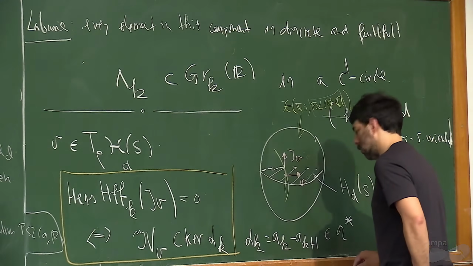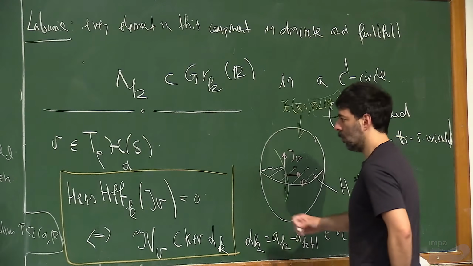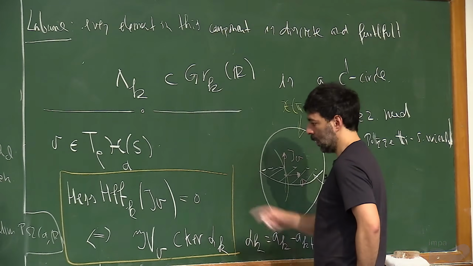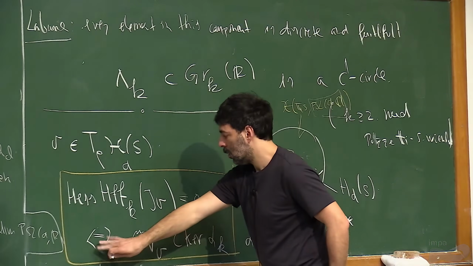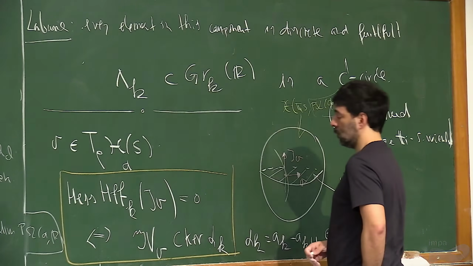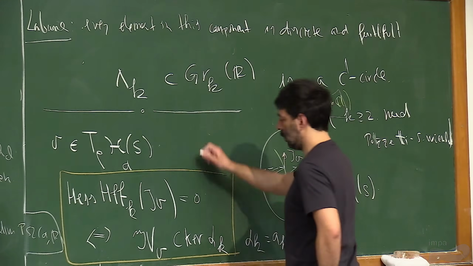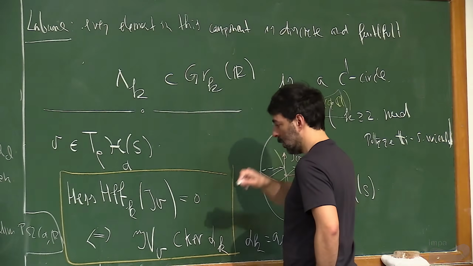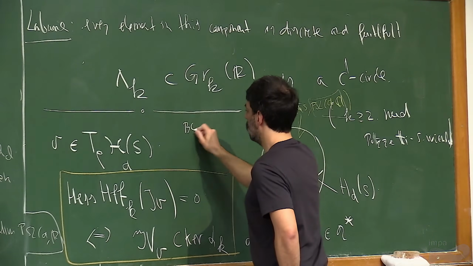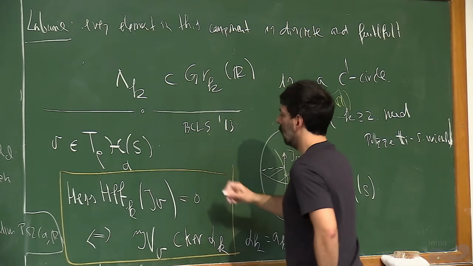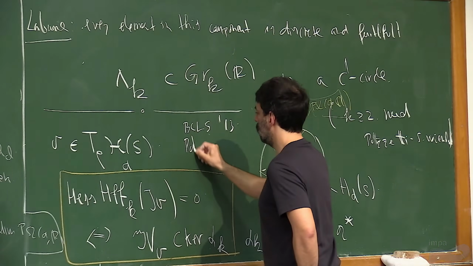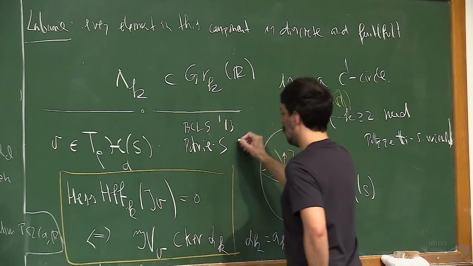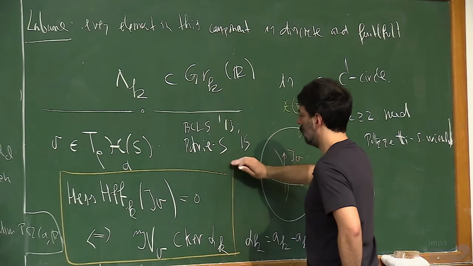So this is not new. You need a lot of work to get this equivalence. In particular, let me just say some names of the works that you need. So you certainly need BCLS, and then you need a paper by Rafael Potri and myself.